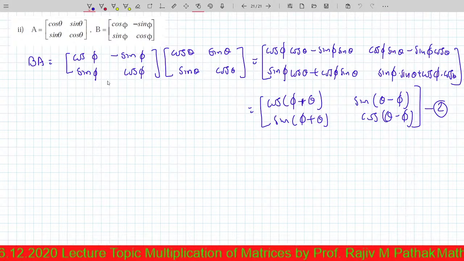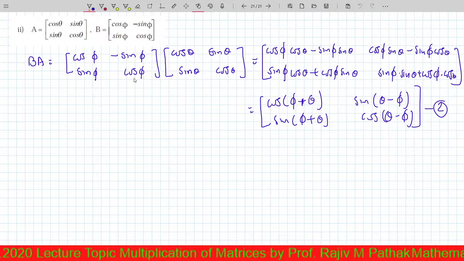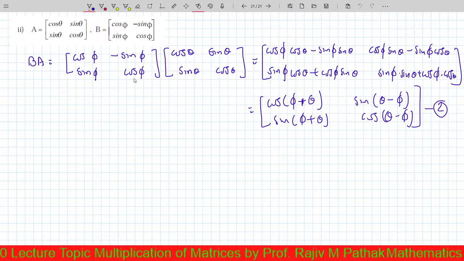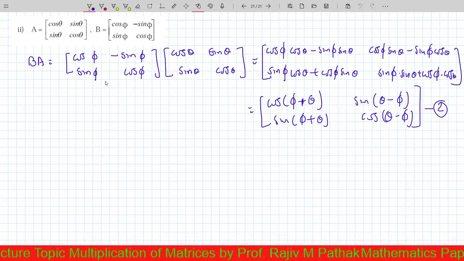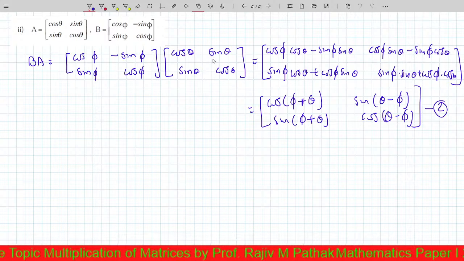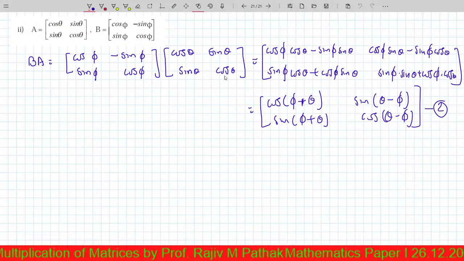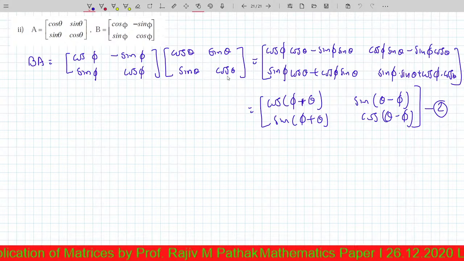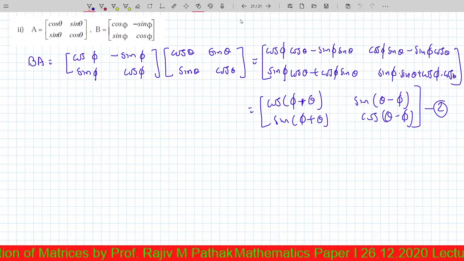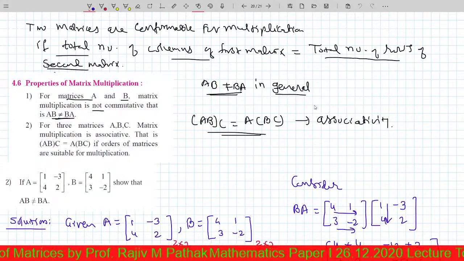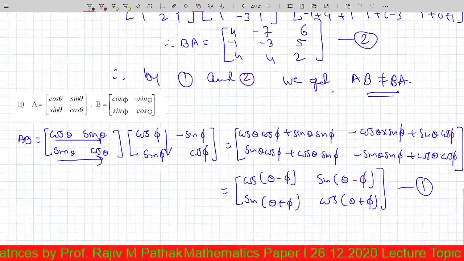Sin phi into cos theta plus cos phi into sin theta, that becomes sin of theta plus phi. This is also okay. Sin phi into sin theta plus cos phi into cos theta, cos of theta minus phi. So here it seems to be unequal.